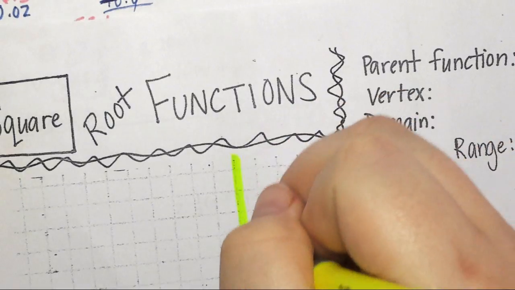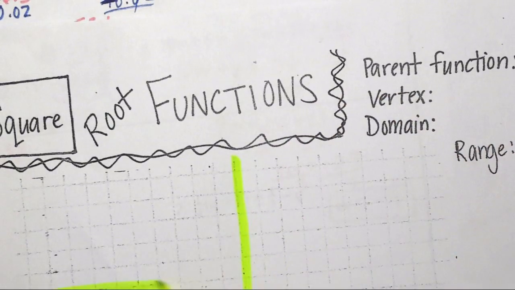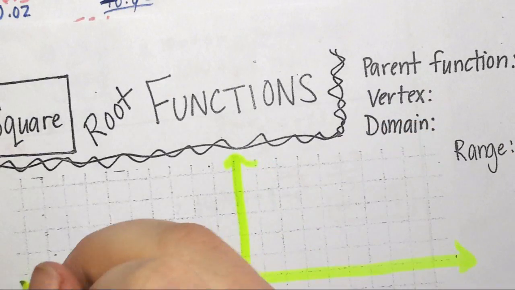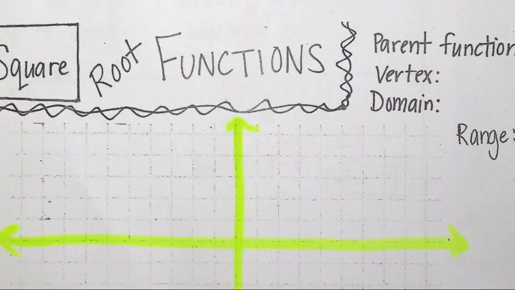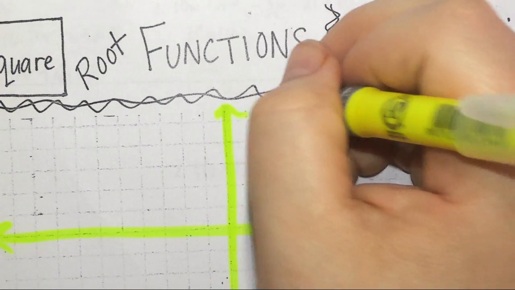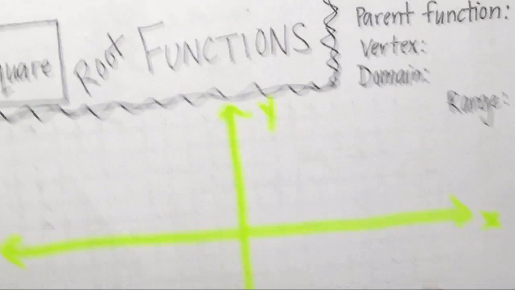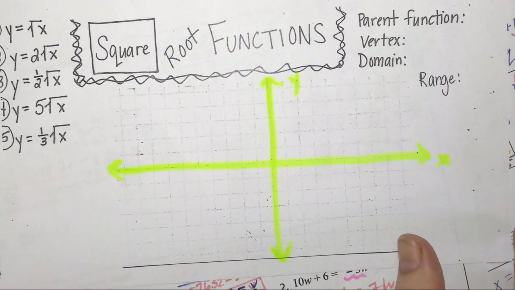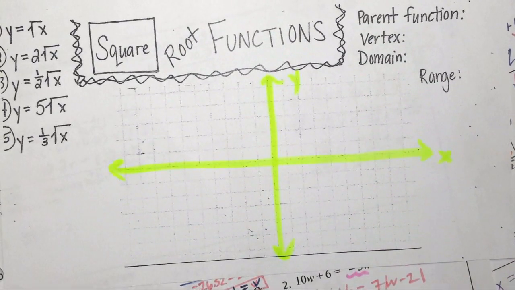The first thing I'm going to do is draw a big coordinate plane again. If you don't have 5 colors, it'll be okay.